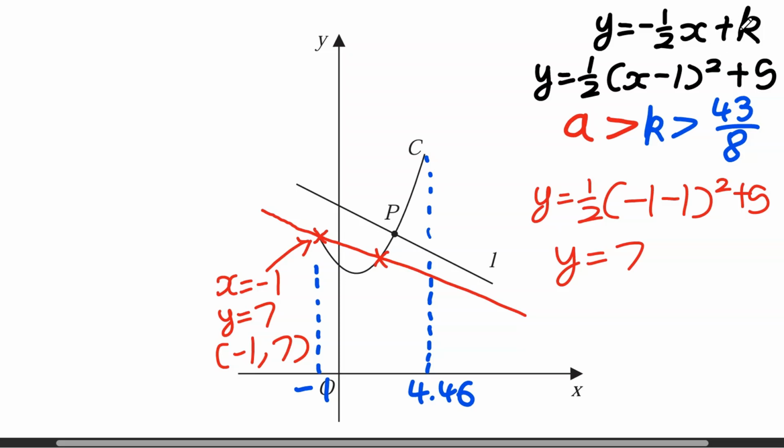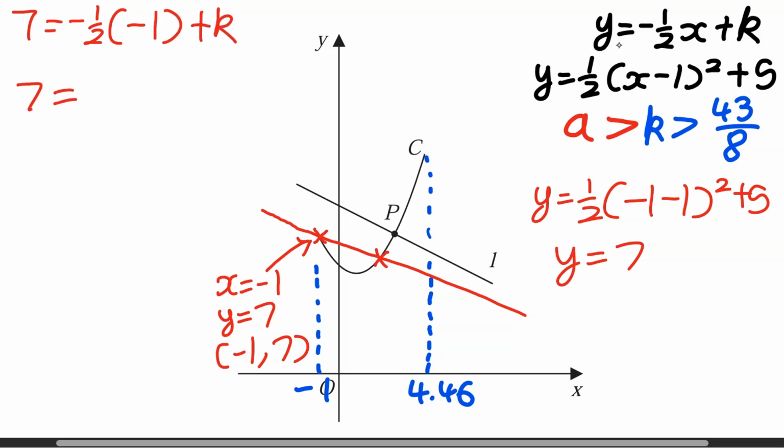So therefore what we can do is we can sub these x and y values here into this equation of the line here in order to find k. So it's going to be y, which is 7, is equal to minus half and then x, which is minus 1, and then plus k.